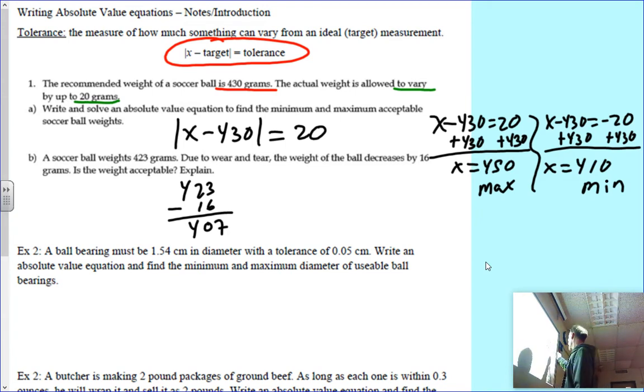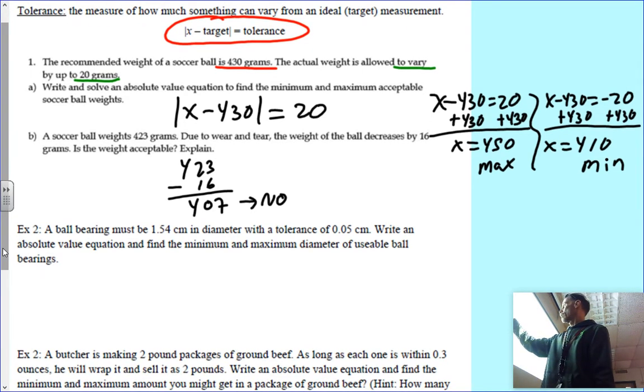And notice that is outside, that's less than the minimum weight. So that would be a no. They would have to either throw that ball away or do something with it to bring it back up to spec. The rest of these things work exactly the same way. So I'll do the next example.